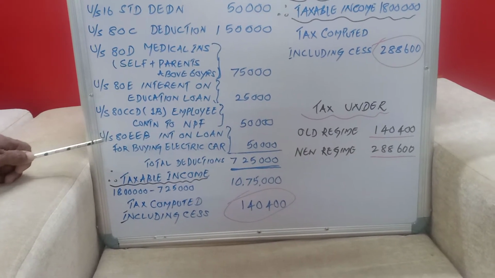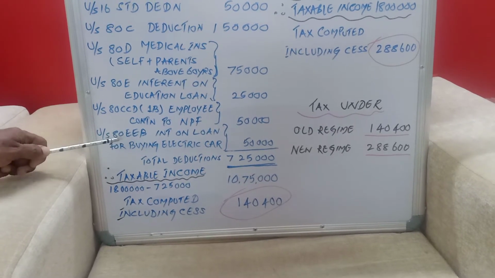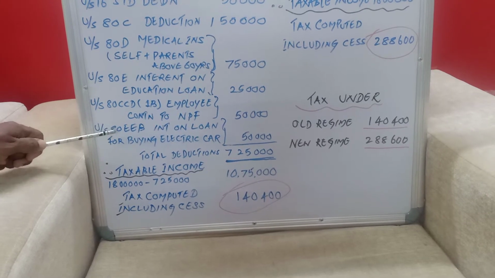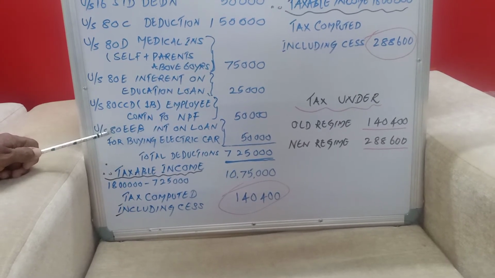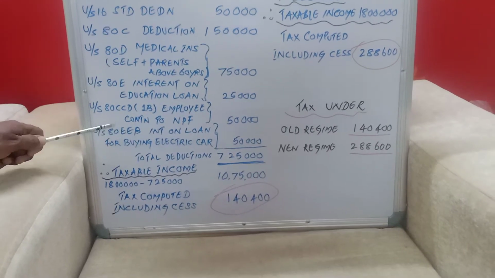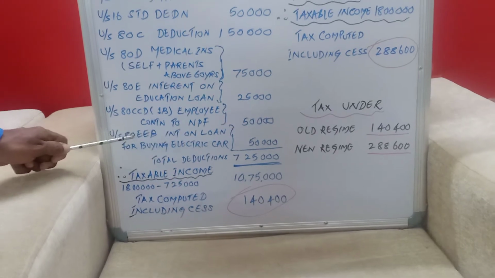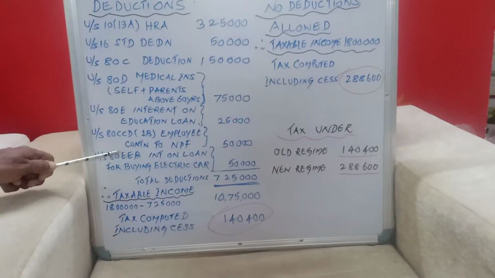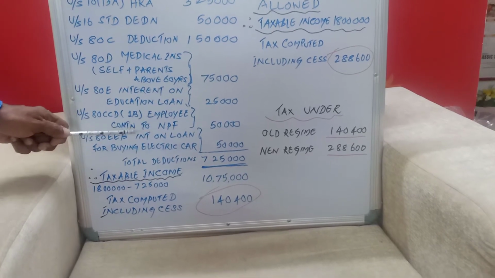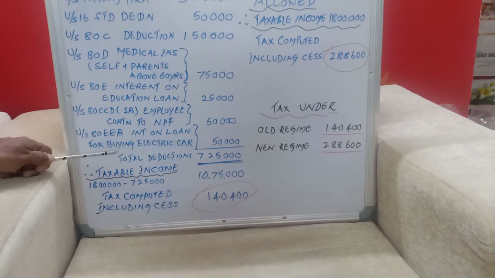Under section 80EEB, interest on loan taken for buying an electric car. It is a new section introduced in budget 2019. This deduction is available for two-wheelers as well as four-wheelers up to a maximum of 1,50,000, but in this case he claims interest of rupees 50,000. So the total deduction comes to 7,25,000.